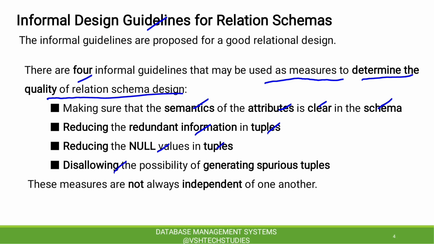Fourth, disallowing the possibility of generating spurious tuples. These measures are not always independent of one another. So these are the 4 guidelines used as measures to determine the quality of relation schema design, that is, whether the relations designed for an application in a database are of good quality, yes or no. To decide that, these guidelines are used.